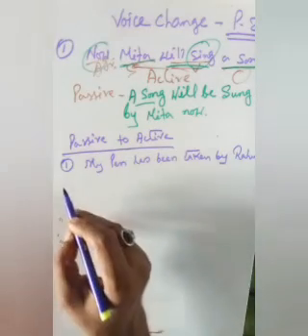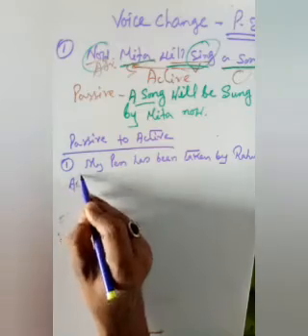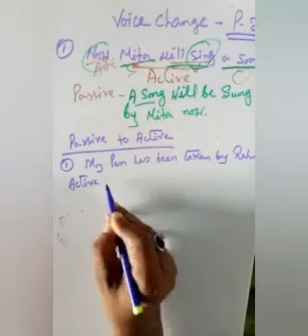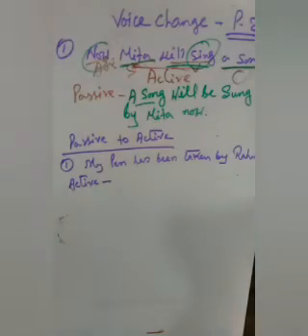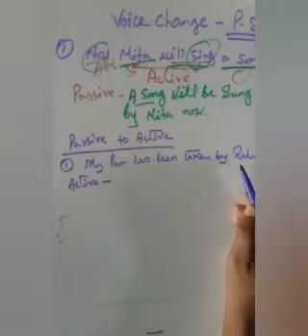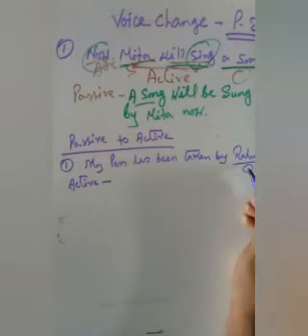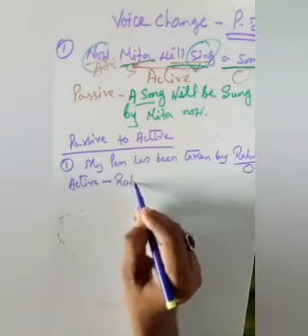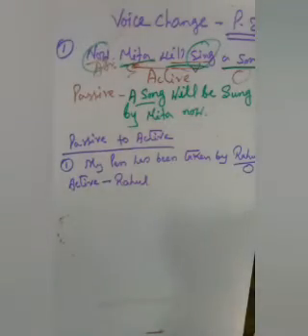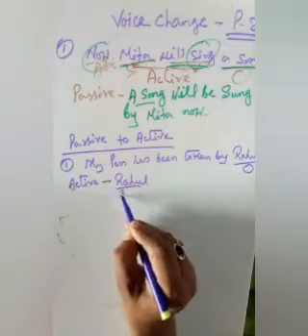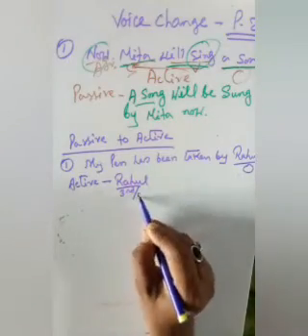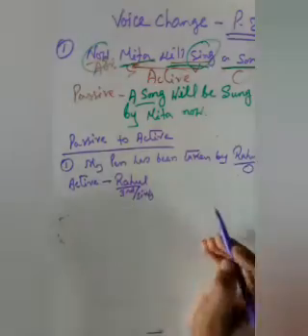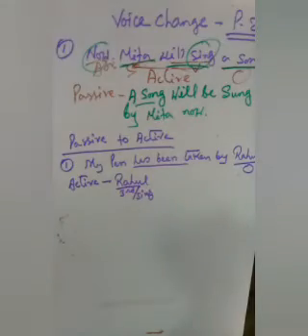So now let us take it to active. Here Rahul is the object. It will be turned into the subject, Rahul. Now Rahul is third person singular number, and the tense is present perfect tense.